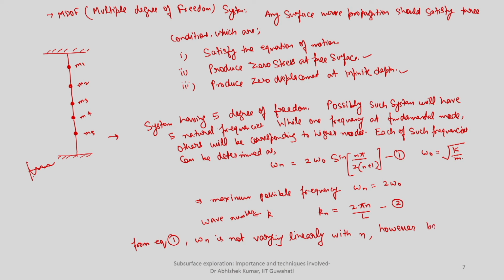However, based on equation 2, the value of k n varies linearly with n, as we can see from equation number 2.